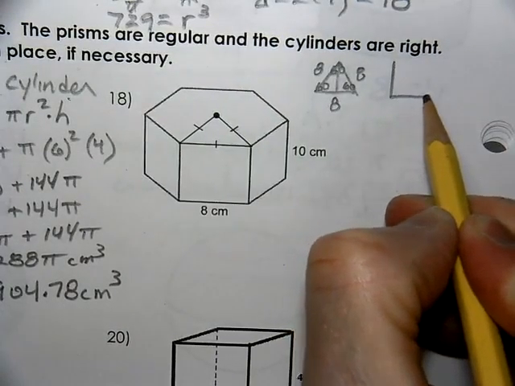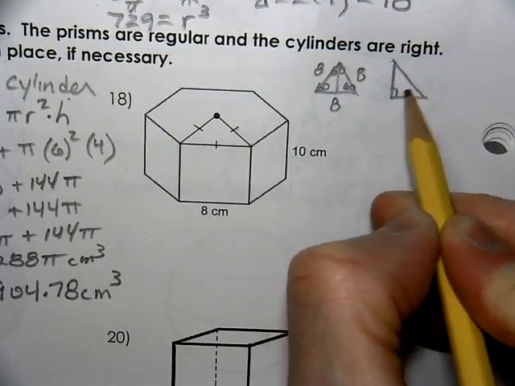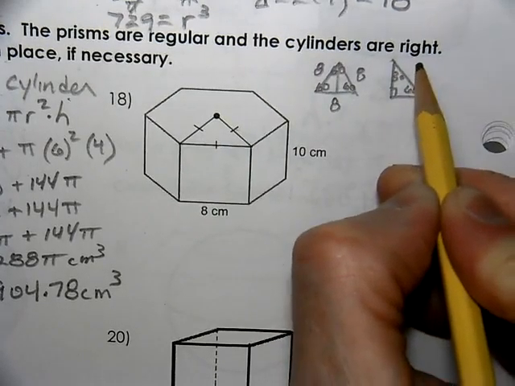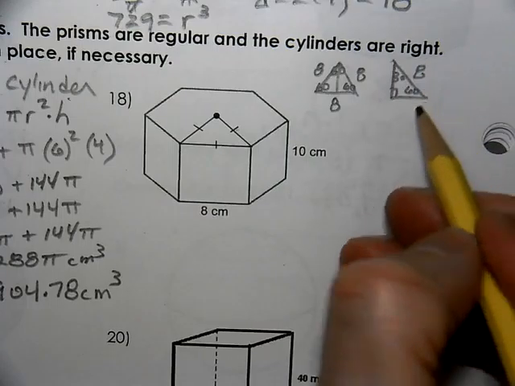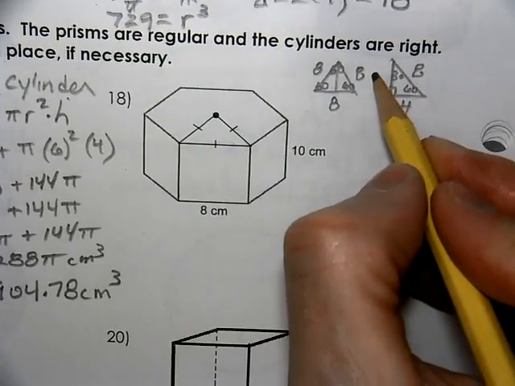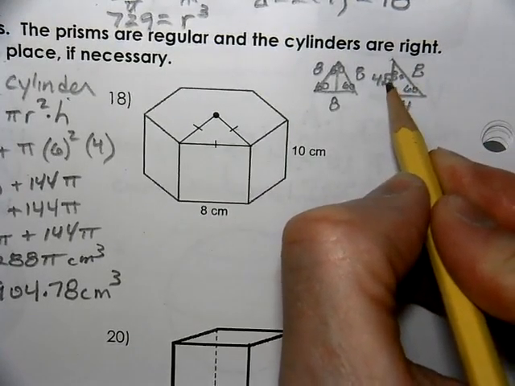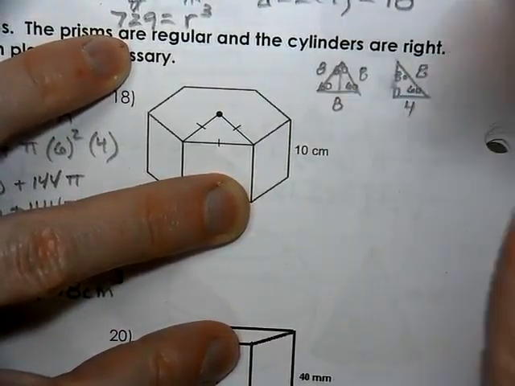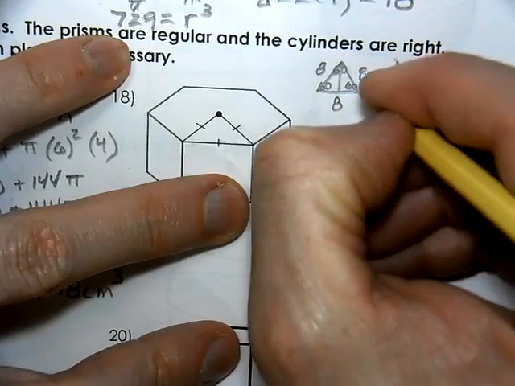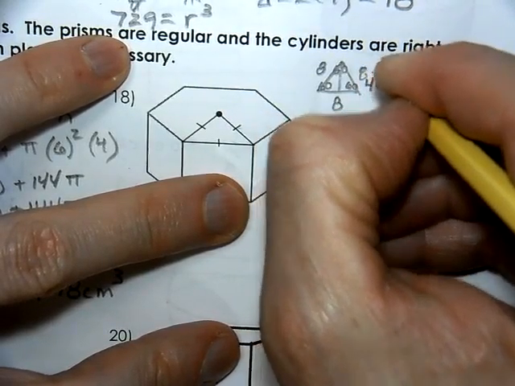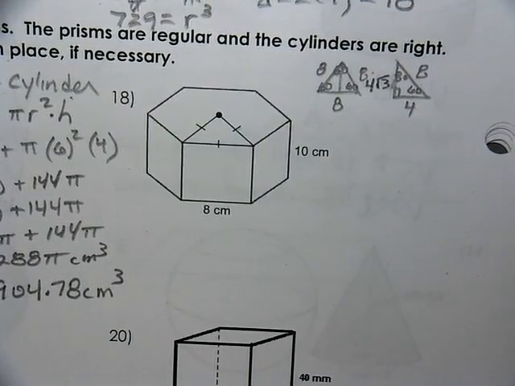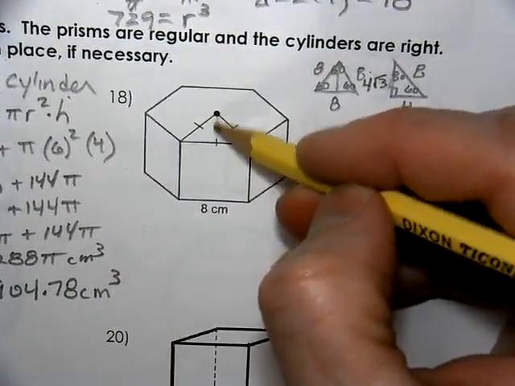So we have this right triangle. That is a 30, 60, 90 triangle with the hypotenuse of 8. So the short leg is 4, and the height is 4 root 3. Try to write that a little bit better for you. Root 3. So that's the height of this triangle.